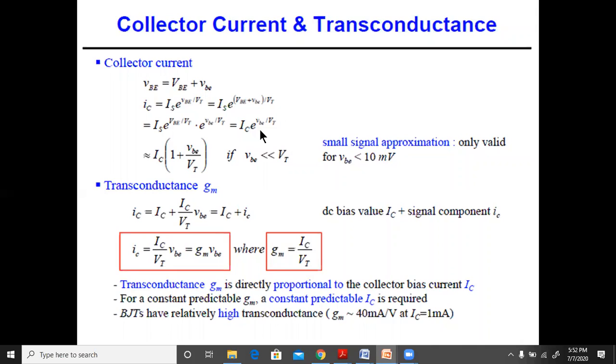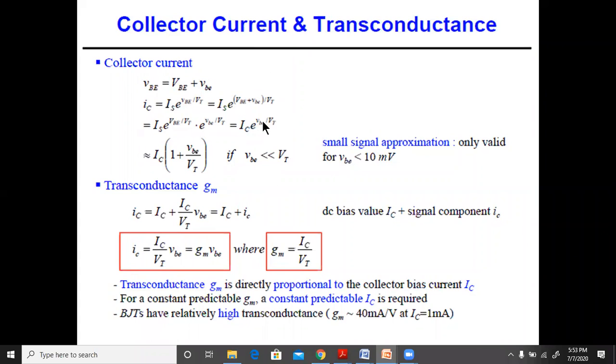And whenever x is very small, that is, the quantity in the power is very small, then all higher order terms can be neglected. We'll take only the first two terms, that is 1 plus x, as the approximation. That approximation is written over here, only under the condition that the value is very small, much lesser than 1.